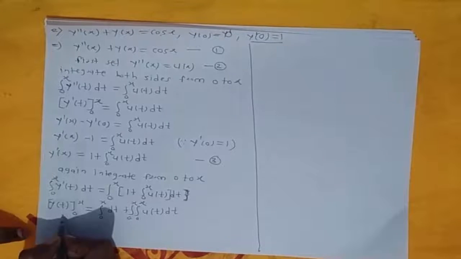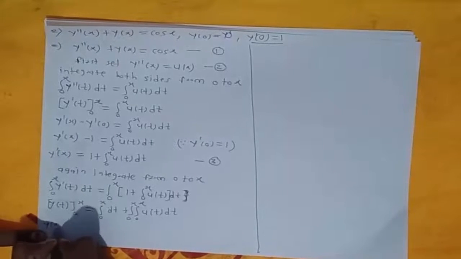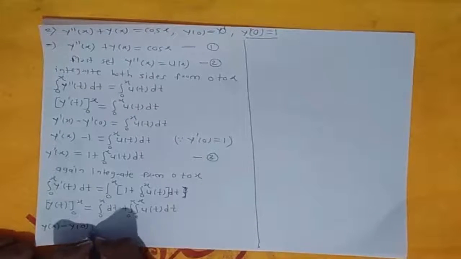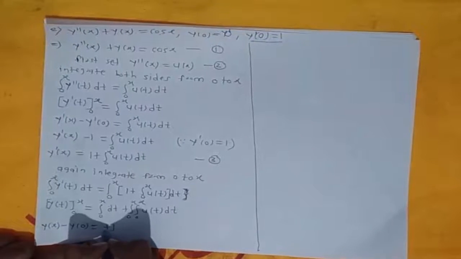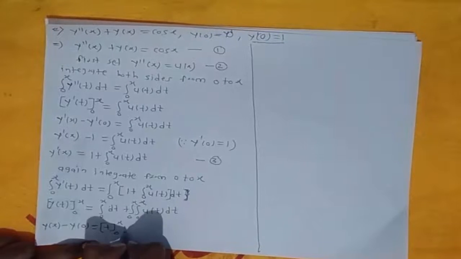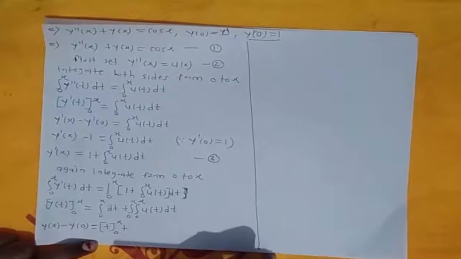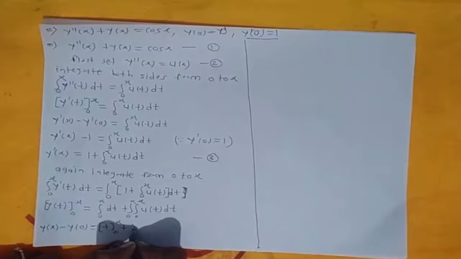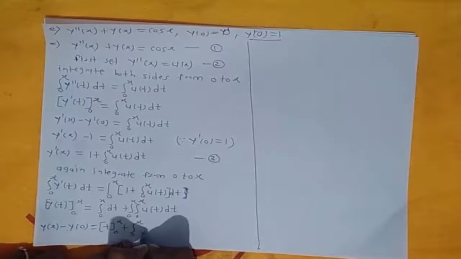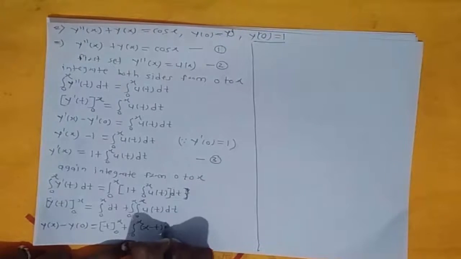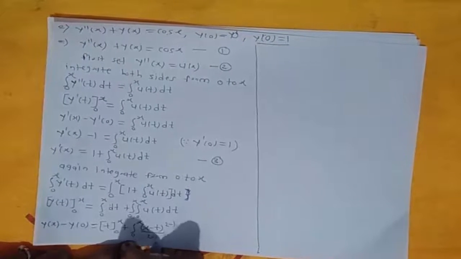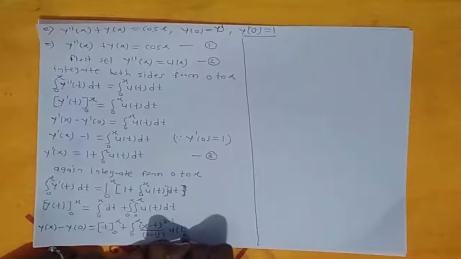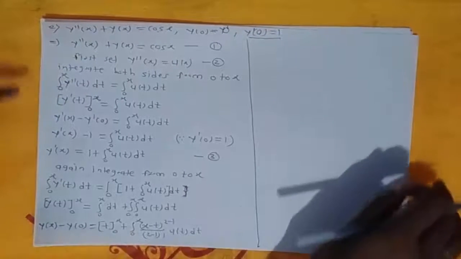Then by putting limits in LHS we get y of x minus y of 0 is equal to integration of dt, which will be t from 0 to x, and the double integral can be converted into a single integral by using the conversion formula. We get integration from 0 to x of (x minus t) raised to 2 minus 1 divided by (2 minus 1) factorial into u of t dt.